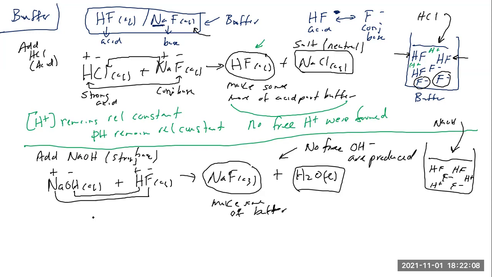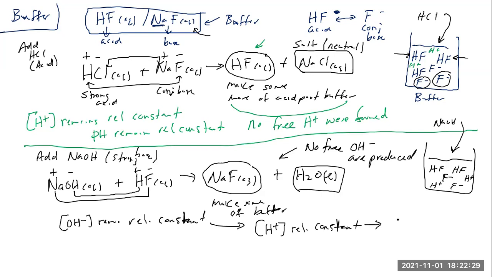So same logic, because the OH minus concentration remains relatively constant, that means that the H plus concentration will also remain relatively constant. And by default, what that means is the pH will also remain relatively constant.